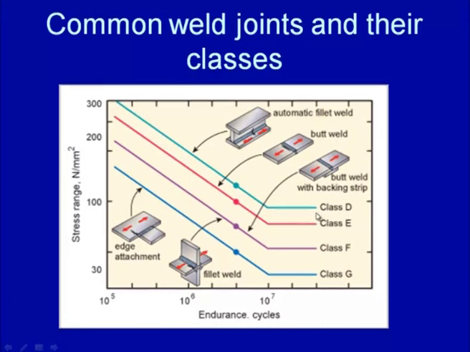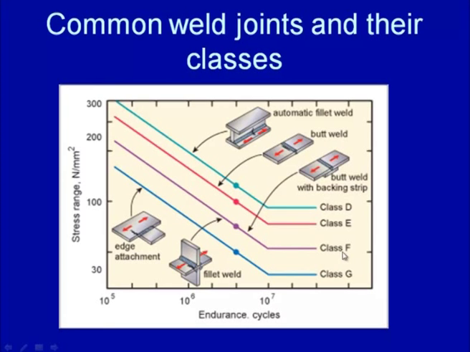Similarly, if we talk of the other classes of the weld joint, this one shows the butt weld joint where the load is applied in the direction perpendicular to the direction of the weld. So, this kind of weld falls in the category of E class, and F class weld, where the weld joint is made again using the butt weld, but with a backing strap, and the loading is applied again in the direction perpendicular to that of the weld joint.